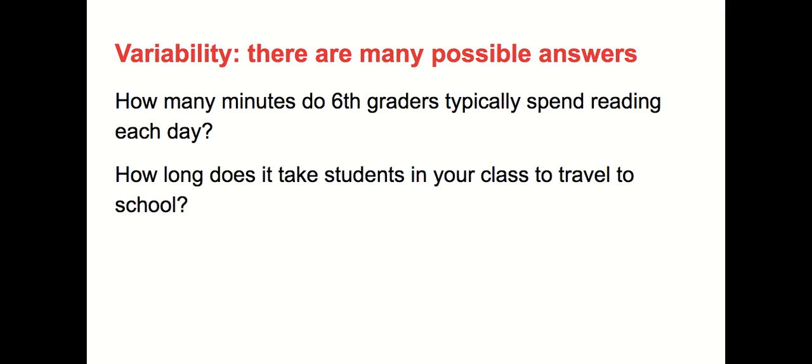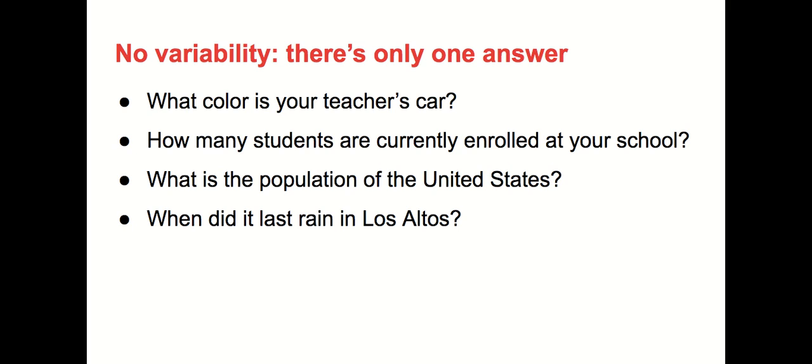Another example of a question with lots of possible answers is how long does it take the students in your class to travel to school? Somebody who lives right across the road can get to school in 2 minutes, and maybe it takes you 10 minutes to bike to school. So there's variability.